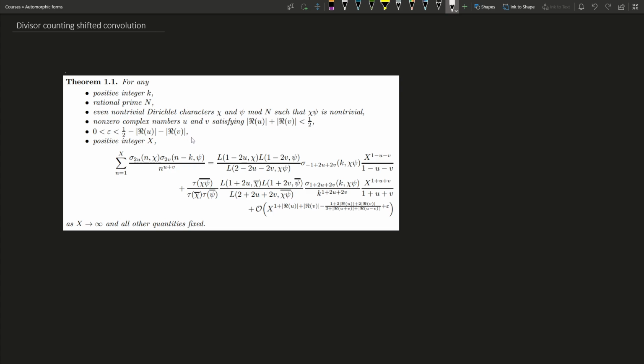Then there are these other assumptions, that the complex numbers be non-zero. If they're 0, then you know that the Eisenstein series at s equals 1/2 has a y and a square root y and a square root y log y in the constant term.